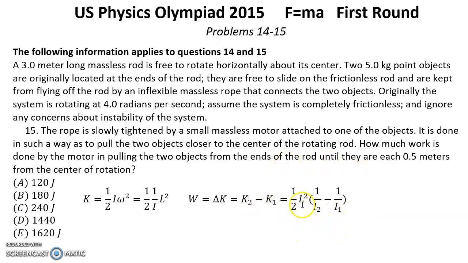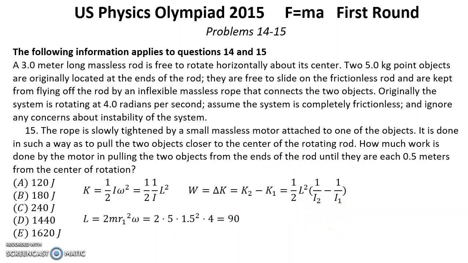Now let's calculate L, I2 and I1. Angular momentum we can calculate from the initial position, and in the final position it is the same. So that's equal to mass multiplied by R1 squared multiplied by omega, which is 90 in SI units.